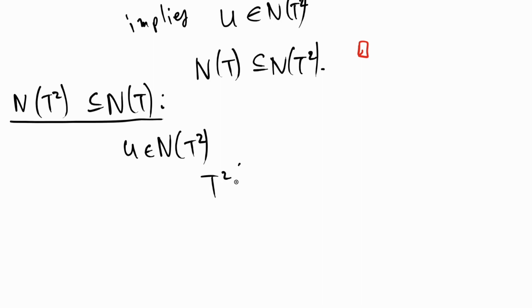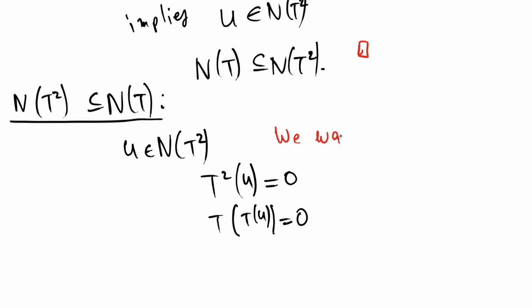This means T2 of U is equal to 0. T2 of U is, of course, equal to T of T of U. And keep in mind that we want to show that U is a part of the null space of T. This is what we want to show.